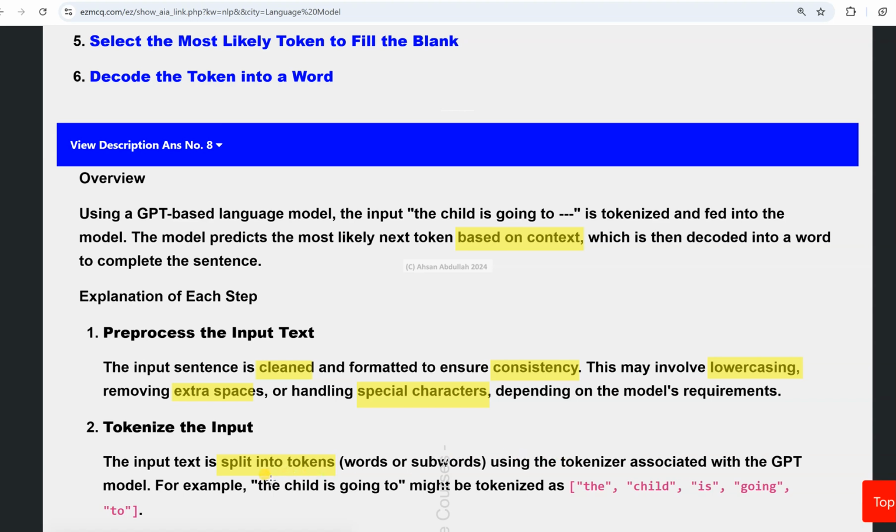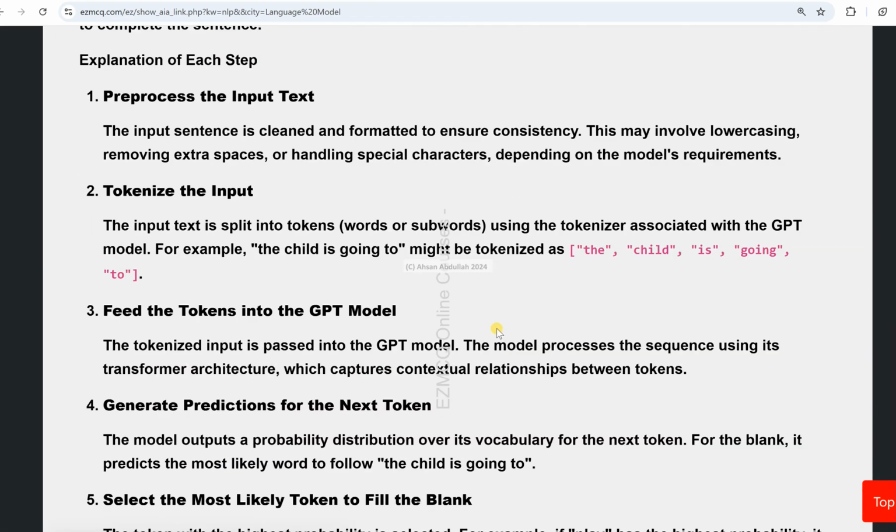So the statement, the child is going to, might be tokenized like this if looking at unigrams.